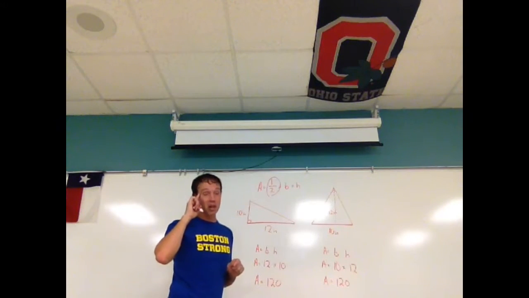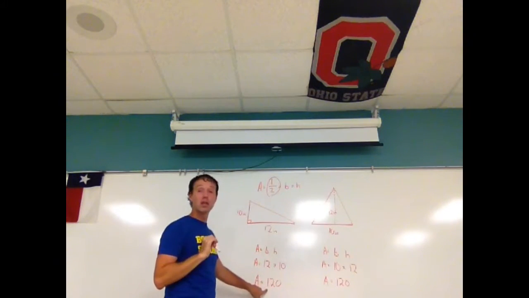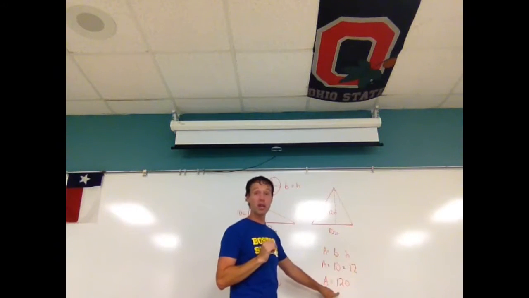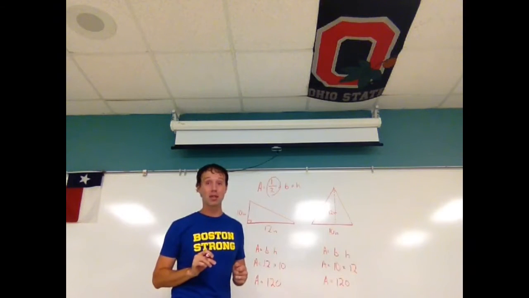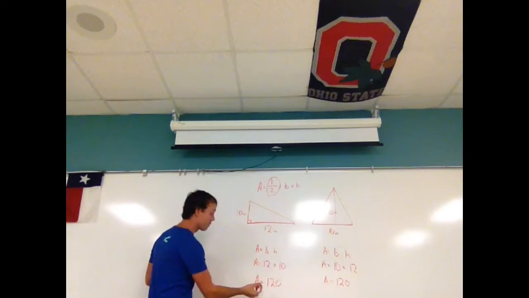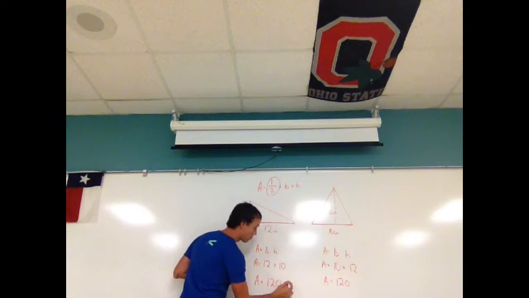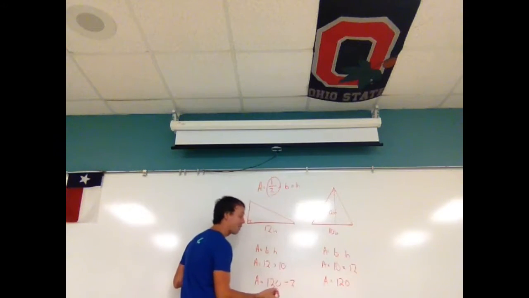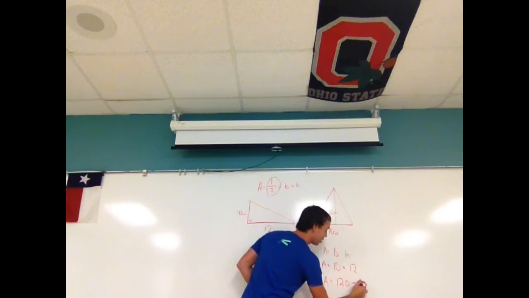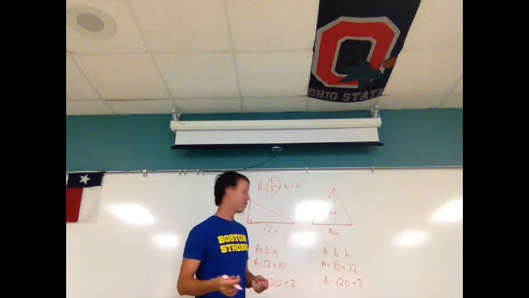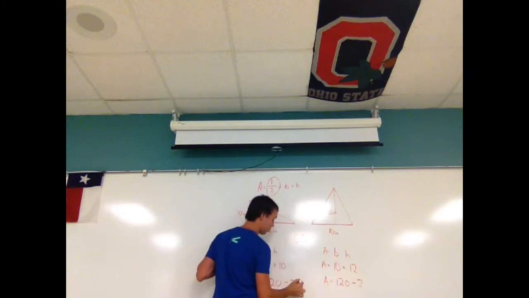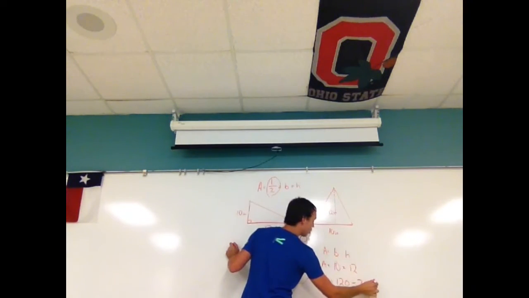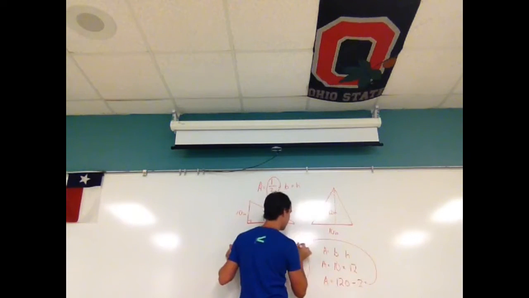We need to ask ourselves, what is half of 120? Basically, what is that answer if I divide it by 2? If I divide 120 by 2, or find half of it, I'm going to get an answer of 60. So that's going to be 60, and this over here is also going to be 60.